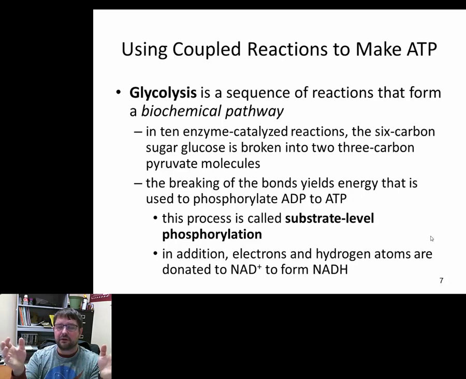In addition to making a little bit of ATP, there are some free electrons, with those hydrogen atoms, okay? And they get bound to NAD to form NADH. That's an electron carrier. You might remember from photosynthesis, the electron carrier is NADPH. Okay? This one has no phosphate, so it's NADH.